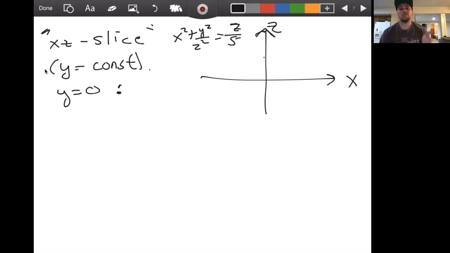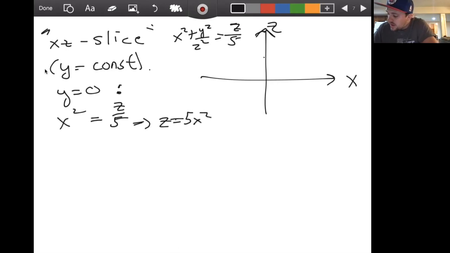So we're not even taking a parallel copy of the xz plane. We're looking at a slice of the xz plane itself. And we get x squared equals z over 5, which gives us that z equals 5x squared. And so this is a parabola. So we go 1, 1, 2, 3, 4, 5.